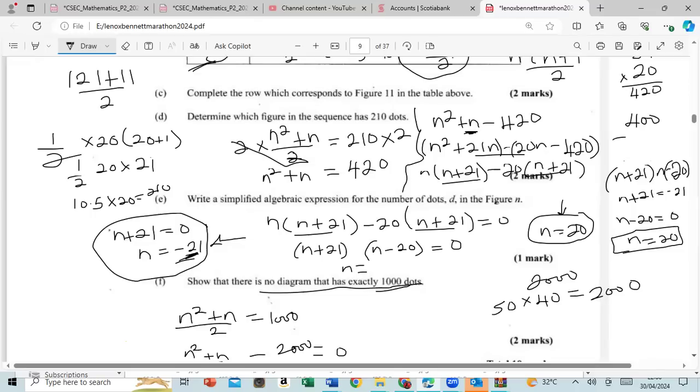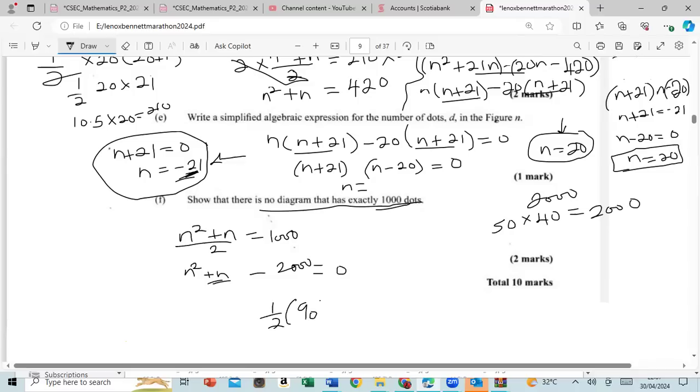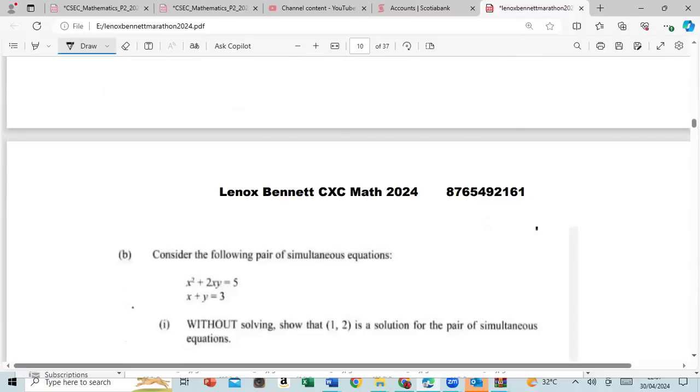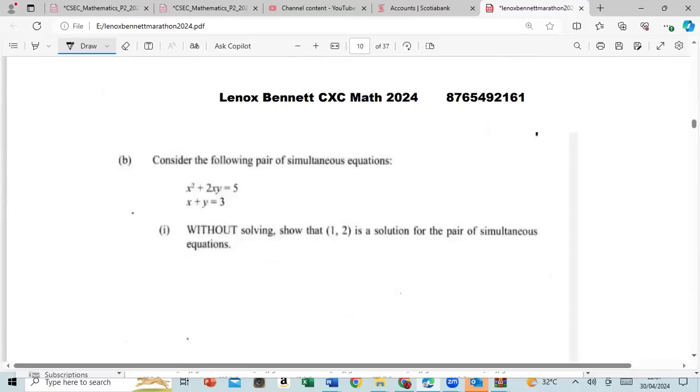It's to show that there's no diagram that has exactly 1,000 dots. I know what to do, but it's just a headache, you know.